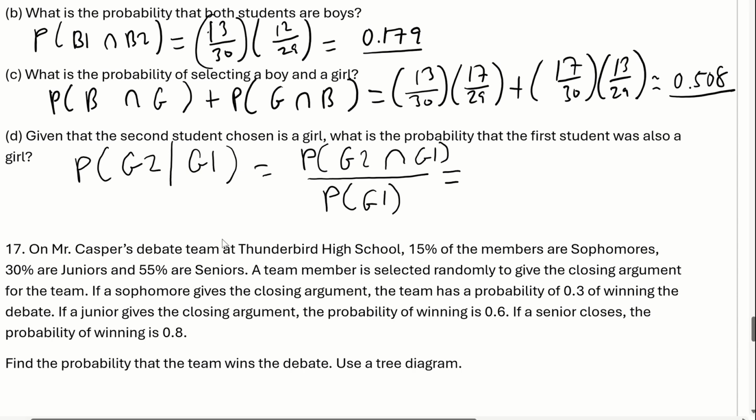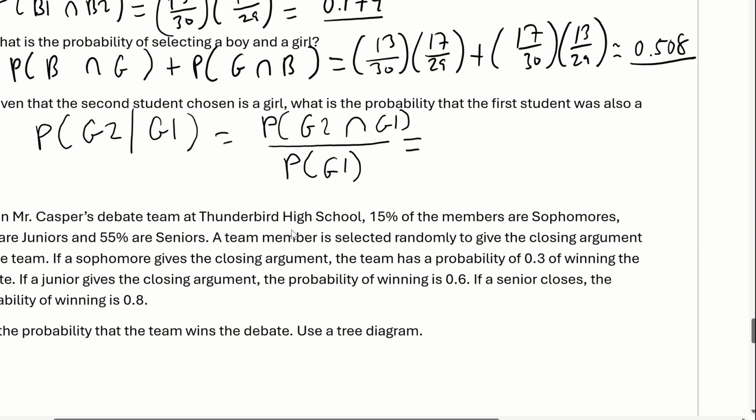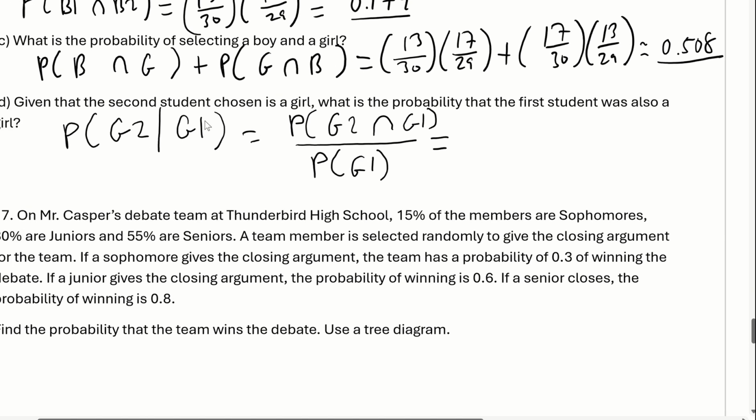Let me make sure I get this right. Given that the second student is a girl, so this should be G2. I did that incorrectly. So this would be G1 and G2, and then this is G2. The given goes on the bottom.